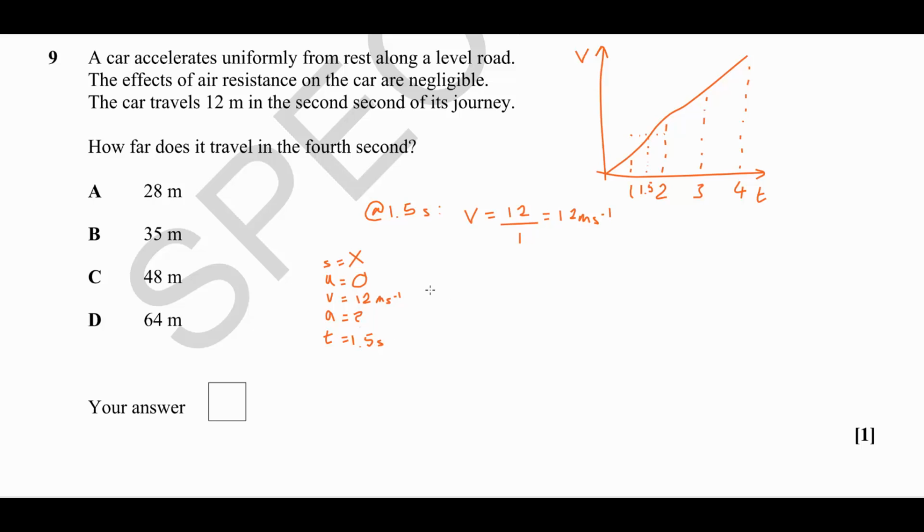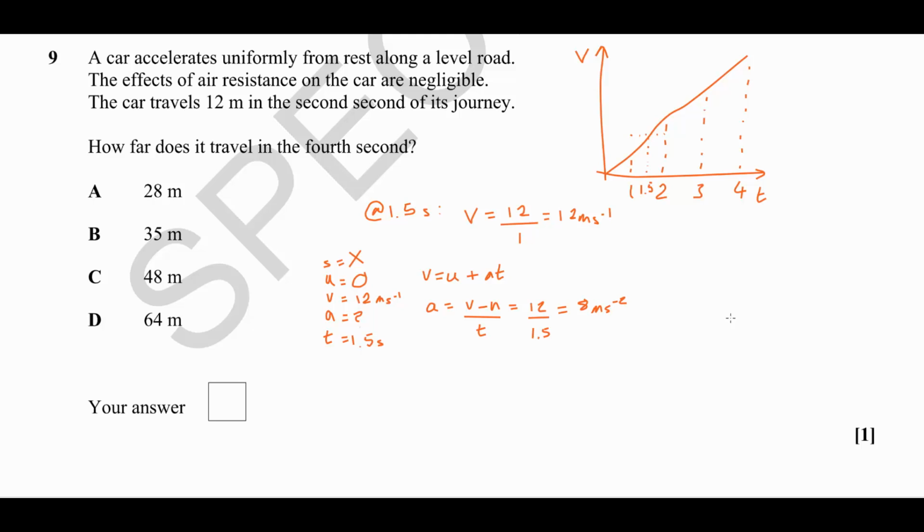So we can use v equals u plus at and rearrange to get a is equal to v minus u divided by t, which will give us 12 minus 0 divided by 1.5, which is 8 meters per second squared.